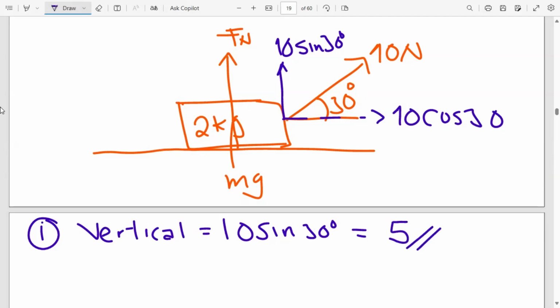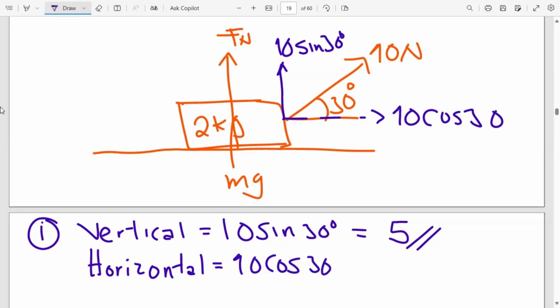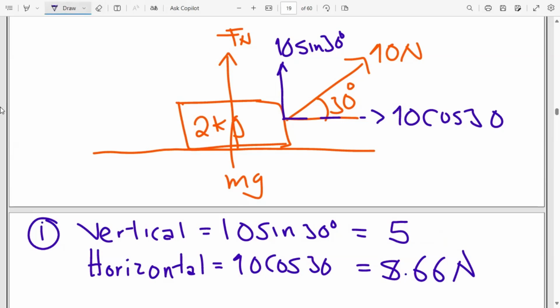So the vertical component is equal to 5, whilst the horizontal is 10 cos 30, this is 8.66. This is in newtons. Even this other one is in newtons. Okay, that is all about part one.